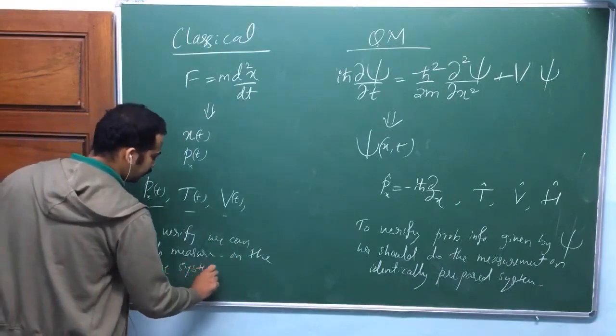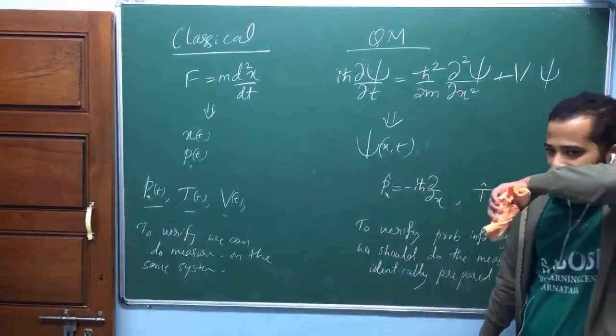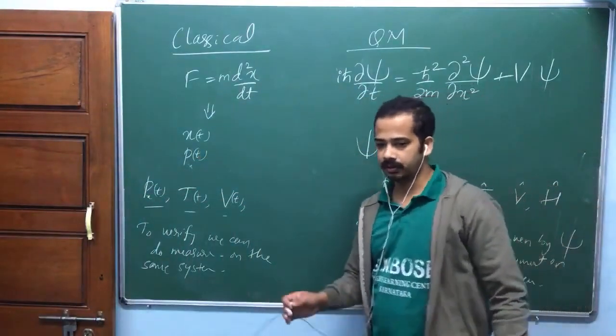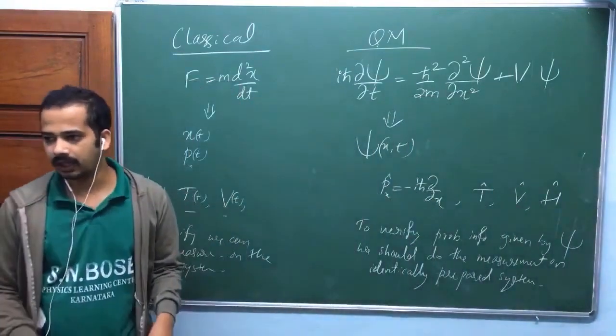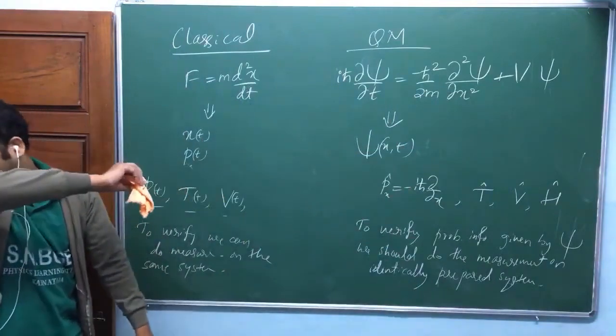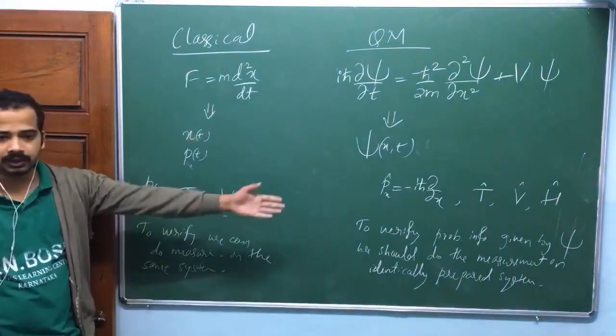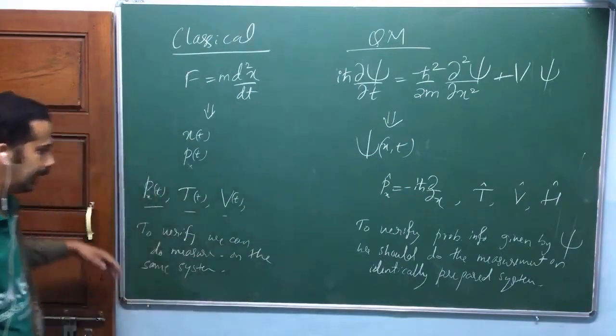Why? Because the disturbance caused by the measurement is negligible. Then only we say classical physics is applicable. Okay, I'm talking about big object here, where classical physics is applicable. I'm talking about small object here, where classical physics is not applicable.